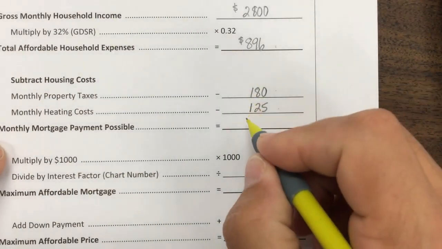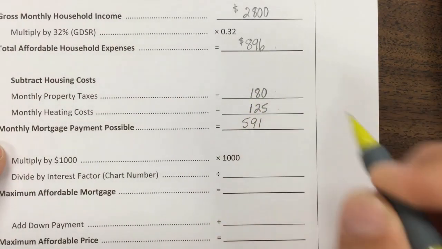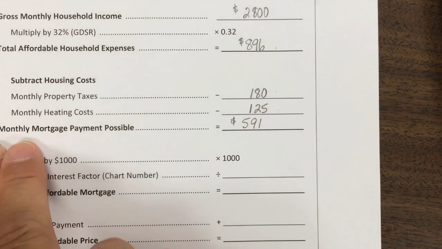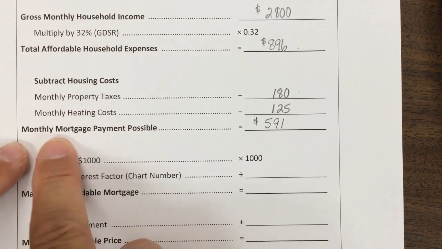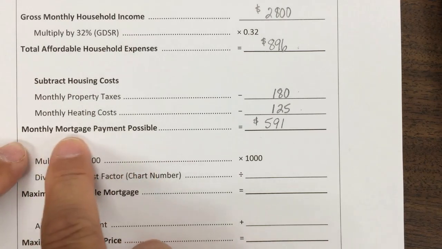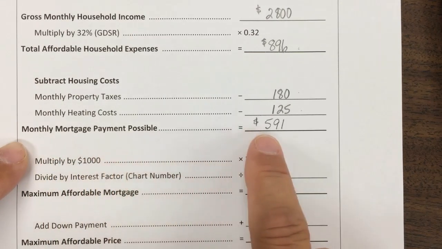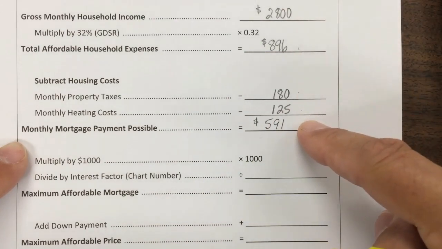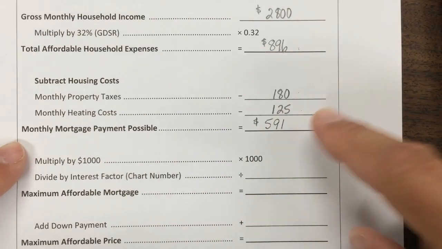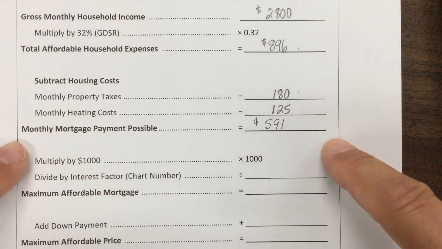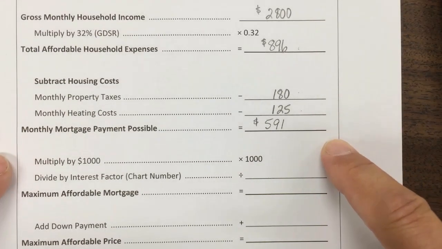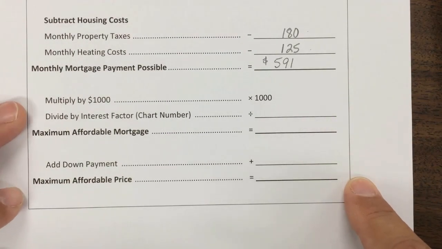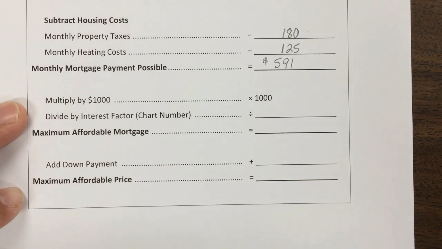Okay, so $591 left is the amount of money every month that Gil's household can use as their mortgage payment, so the monthly mortgage payment possible. Okay, at 32% gross debt service ratio, this is the largest monthly mortgage payment they can afford. So we've kind of deconstructed the gross debt service ratio formula, and now we're going to deconstruct the monthly mortgage payment formula. We're going to go backwards.